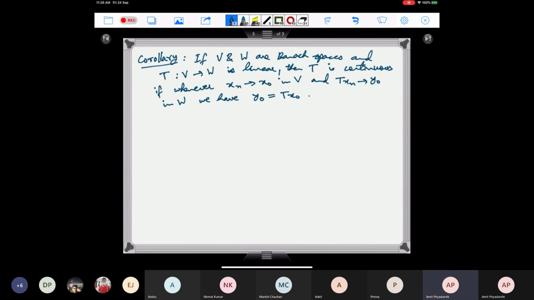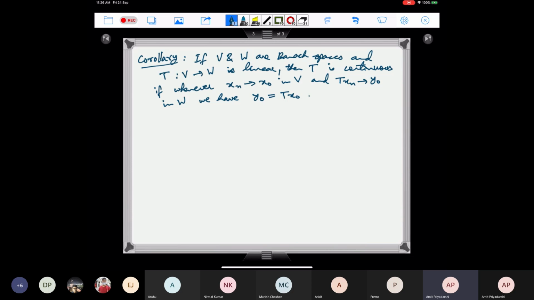So in general, to prove continuity, we need that if xn converges to x naught, then T of xn should converge to T of x naught. But here we are saying that if V and W are Banach spaces and T is linear, then it is enough to show for xn converging to x naught and Txn converging to y naught that y naught is equal to Tx naught.